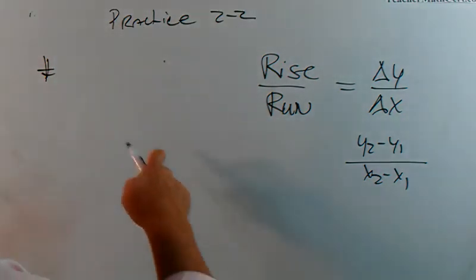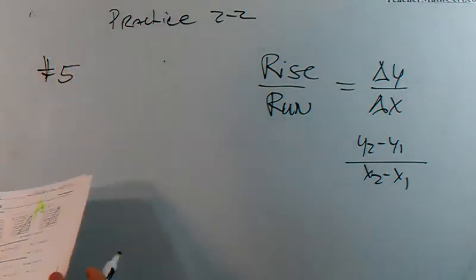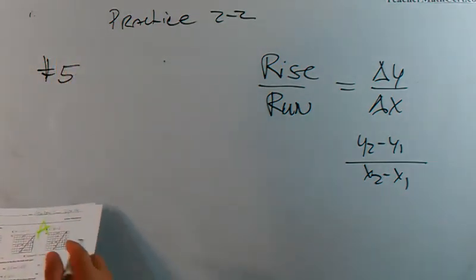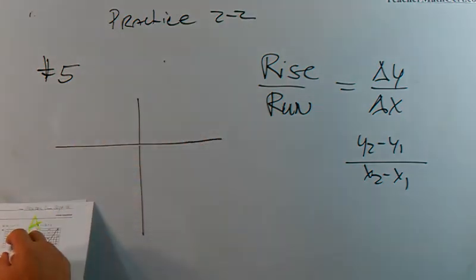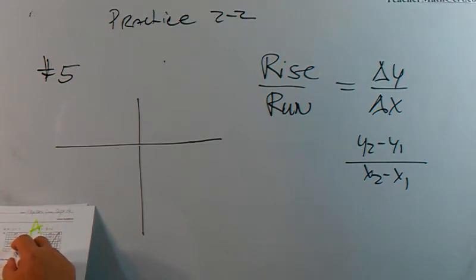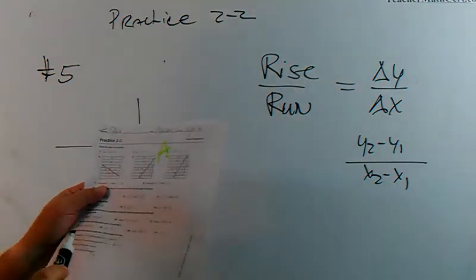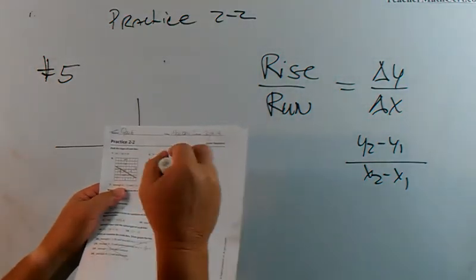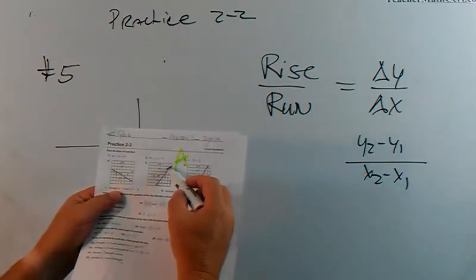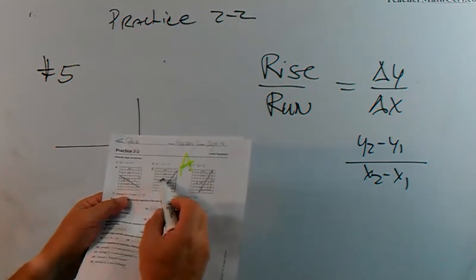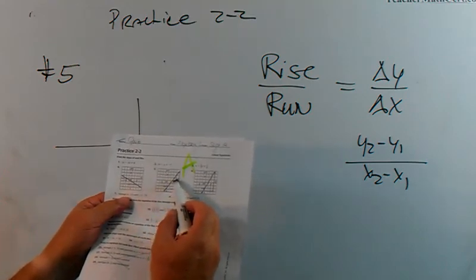Number 5. Let's see here. We've got this axis like this. Basically, you have to find where these lines physically cross a coordinate. Right here, for example, it looks like it's crossing at 1, 2, 3.